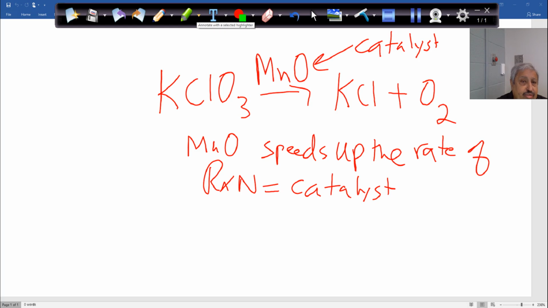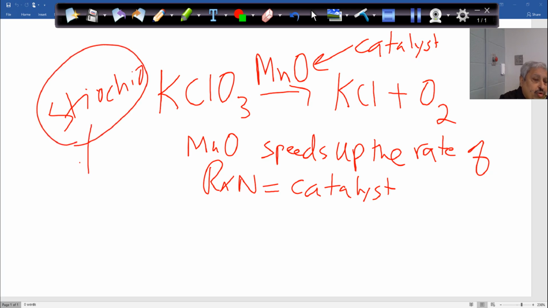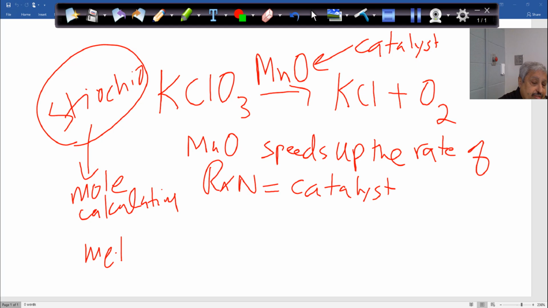Now, stoichio means mole calculation, and metry is measurement. So we are dealing with mole calculations.